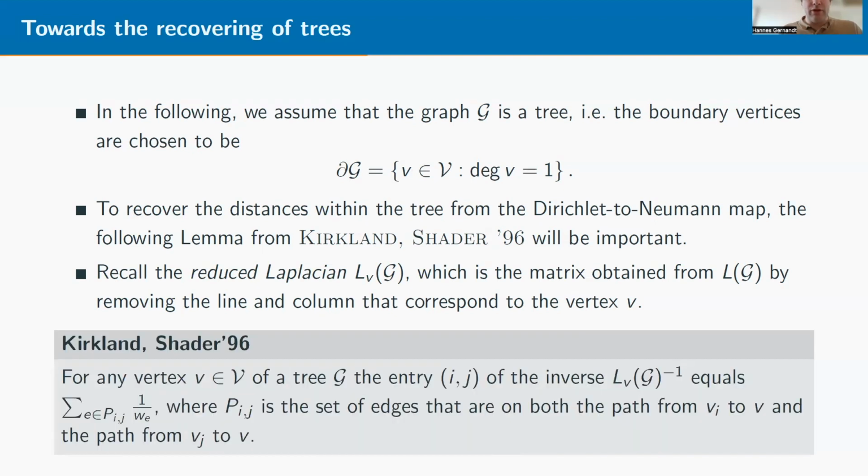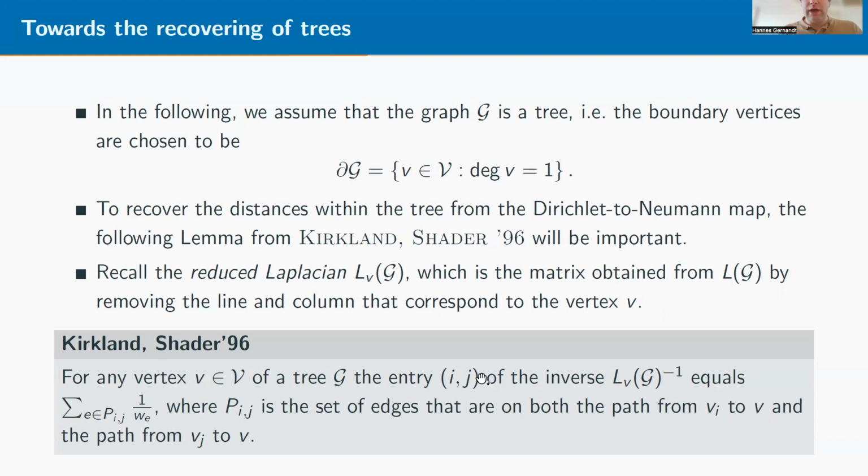And then we have the following result by Kirkland and Shader. It says that the inverse of this reduced Laplacian can tell me the distances between two vertices. So in particular, if I consider here such a set Pij, it's a set of edges that are on both the path from Vi to V and the path from Vj to V. And V is the fixed vertex which determines the reduced Laplacian.